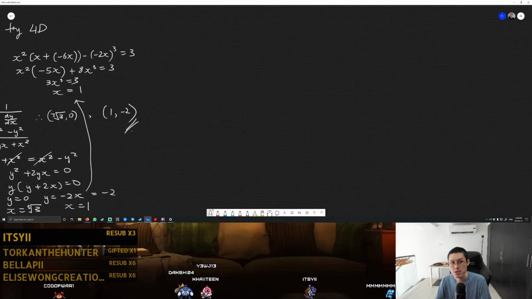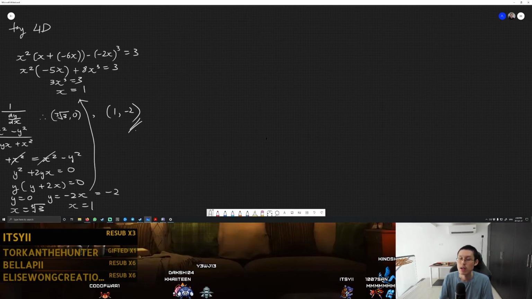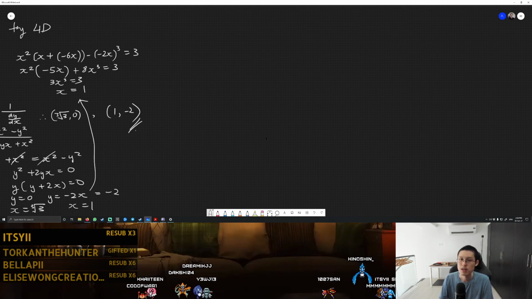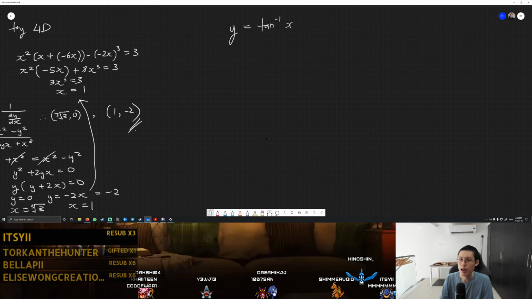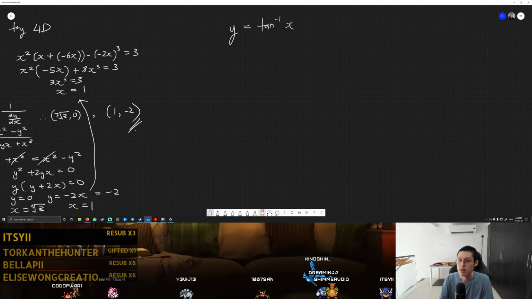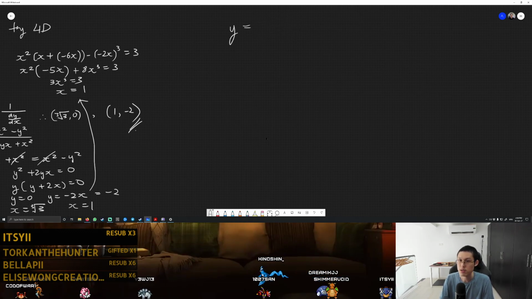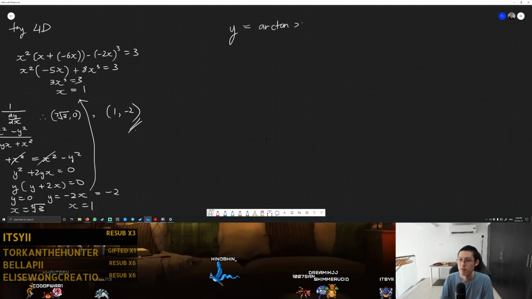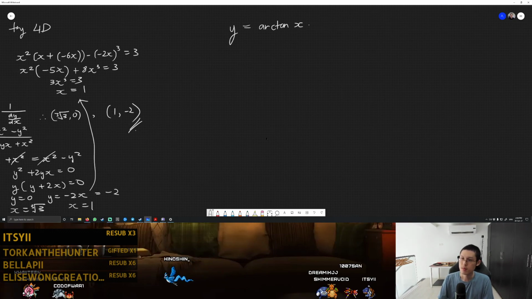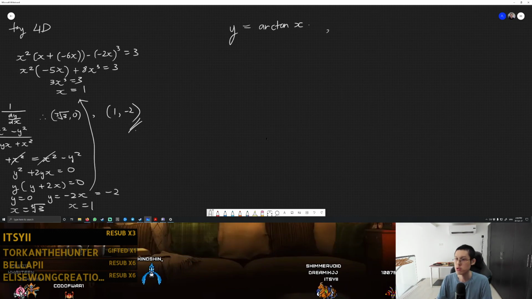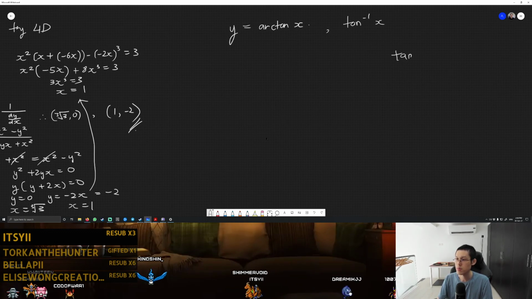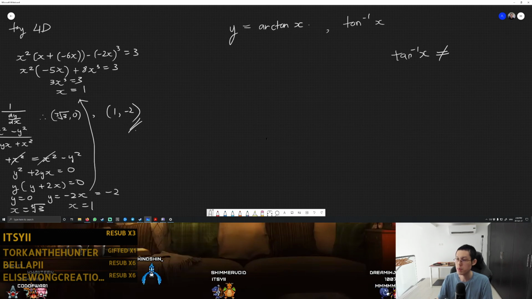Let's say we have y equals arctangent x. Sometimes arctangent x is also written as tangent minus 1 x. So tangent minus 1 x does not mean 1 over tangent x.